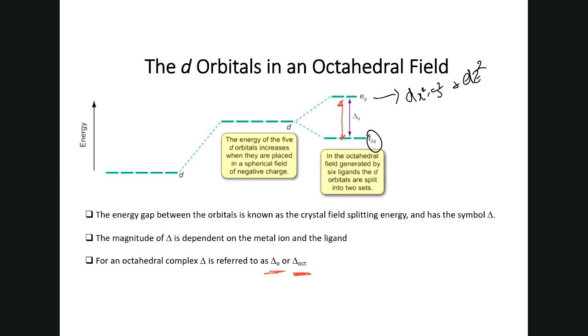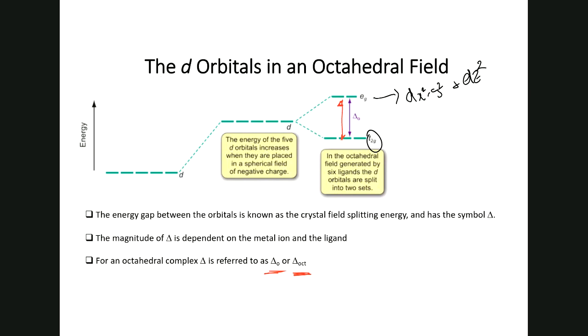That's why you have dxy, dyz, and dxz. They're not in direct contact with the point charge, so they're going to be lower in energy than the dx squared minus y squared and dz squared.